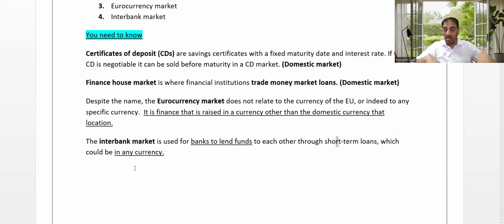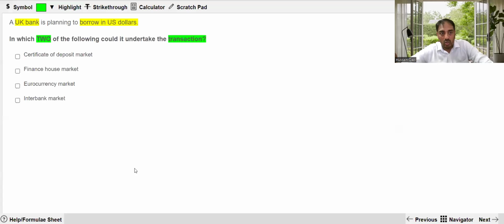It's possible for the UK bank to arrange a foreign currency based loan from another bank. So in this scenario, there are two possibilities: the UK bank can borrow US dollars in the euro currency market and the interbank market.